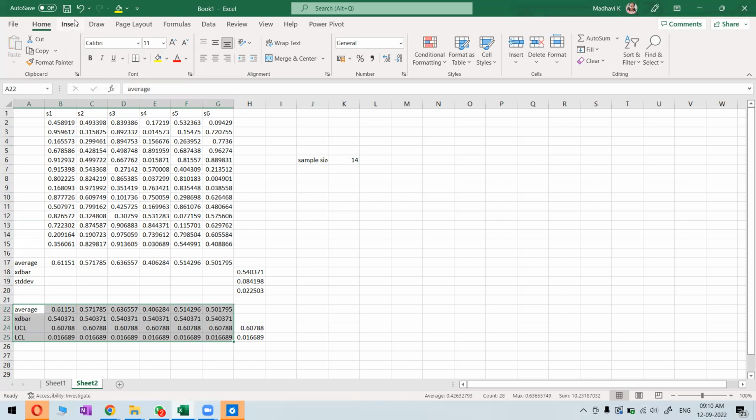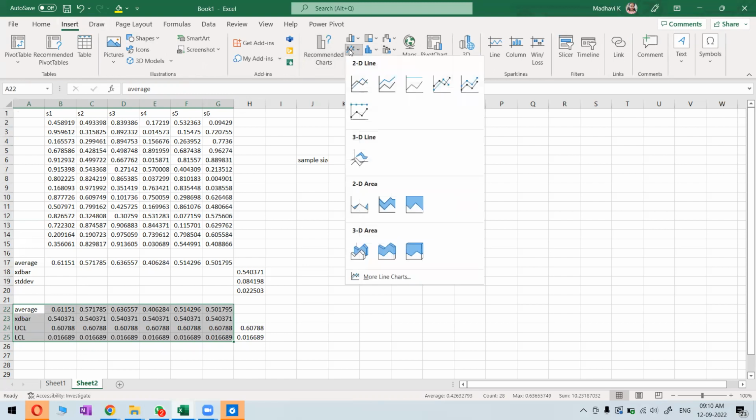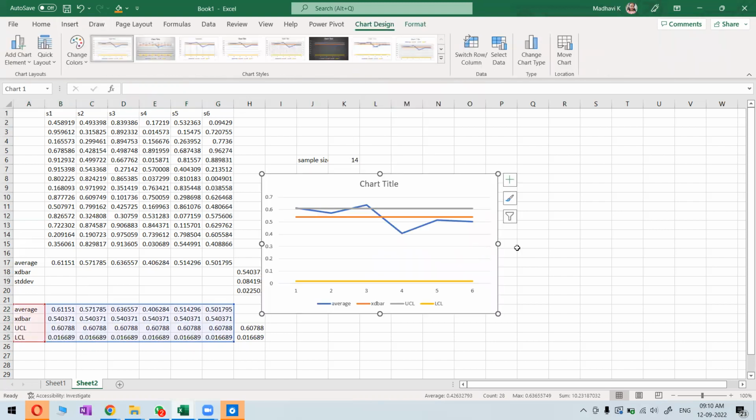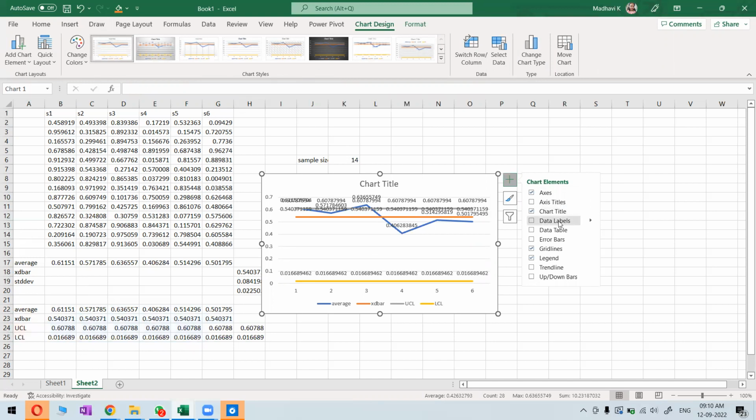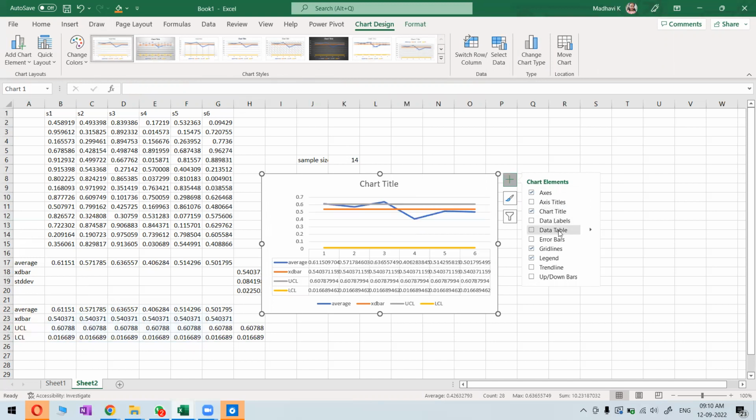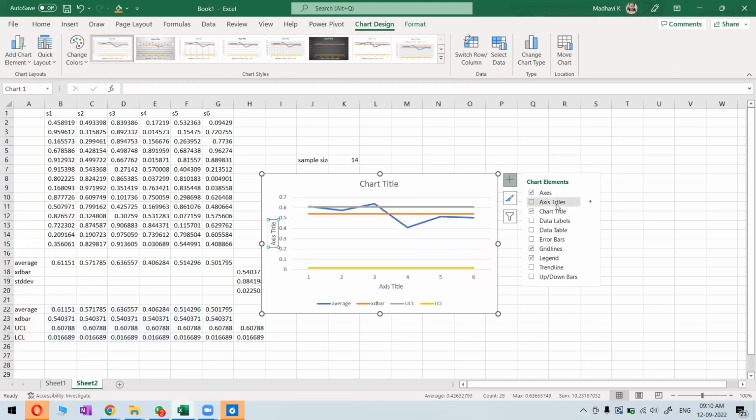So highlight these values, insert graph. And I'm giving the axis titles. So we can see that the average is over here, which is within the control limit. This is still fine.